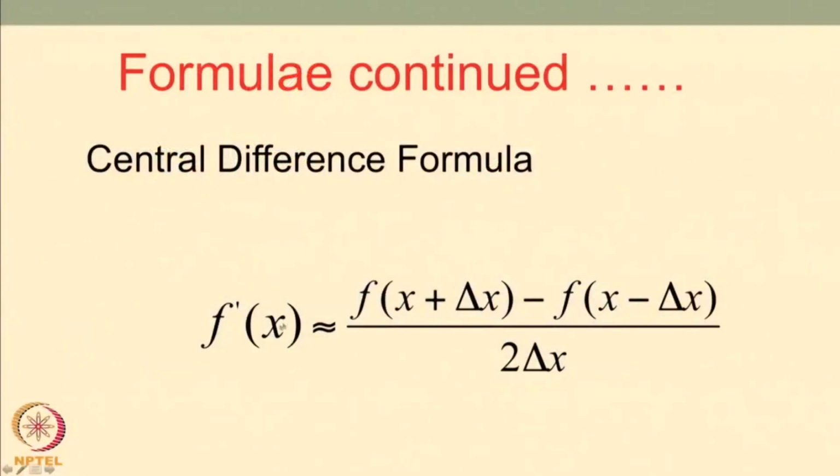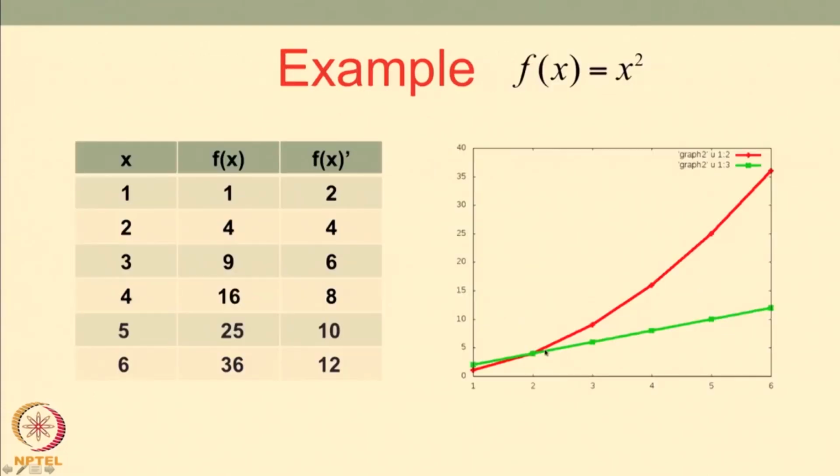If you want to calculate the slope at x, we take the function at x plus dx, take the function at x minus dx, and find the difference divided by 2 times delta x. So this is what is numerically done here.